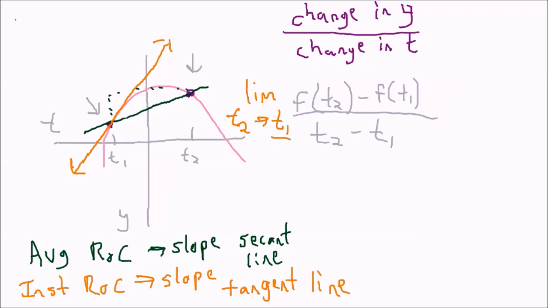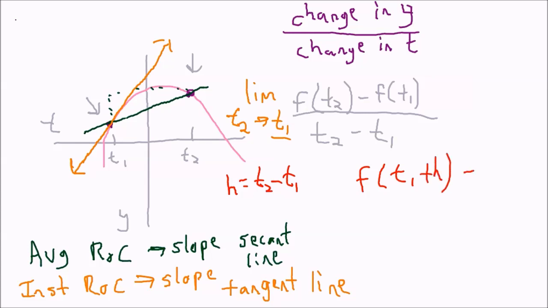Alright, one last thing to consider is that a lot of times calculus books will have this formula written a little bit differently by using the letter h. What they're doing is making the substitution where h equals t2 minus t1. If we look at how this rate of change equation will differ when we plug in an h, instead of having f of t2, we're going to have f of t1 plus h.